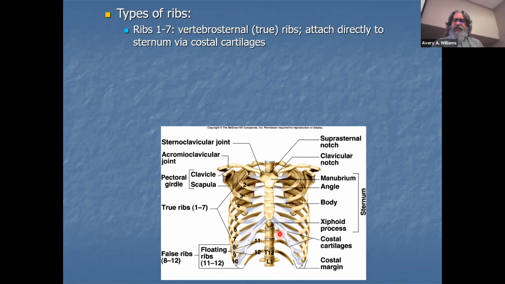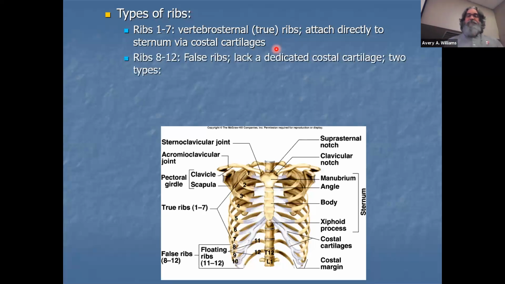But the first 7 are unmodified. Those are the primitive ribs, the true ribs. They attach directly, 1, 2, 3, 4, 5, 6, 7, to the sternum. And that's what makes them true ribs. They're also called vertebral sternal ribs, from the vertebrae to the sternum, period, okay? Only the first 7 do that.